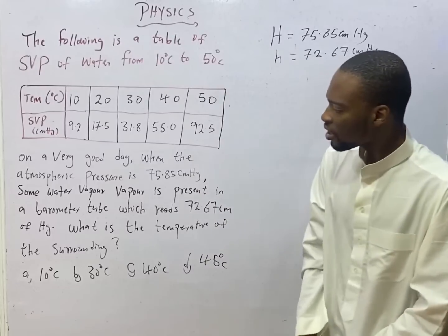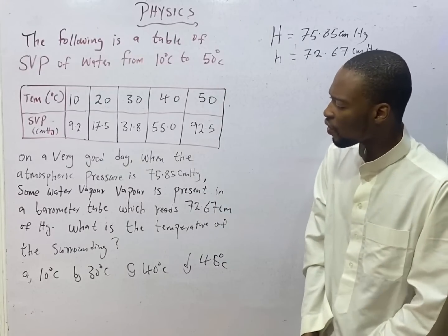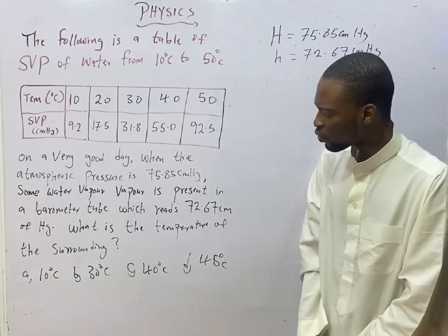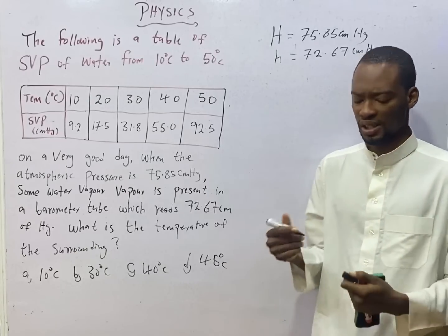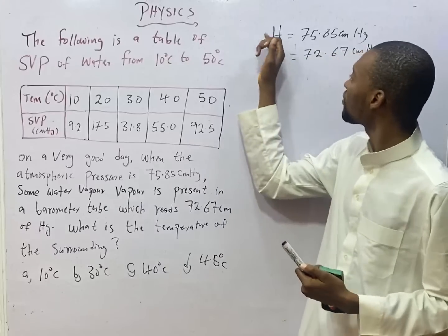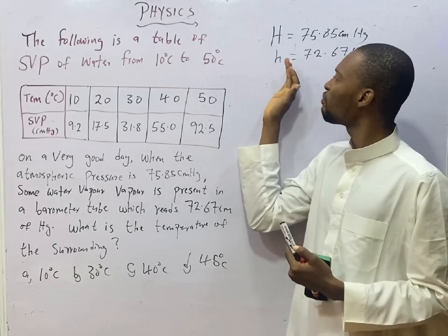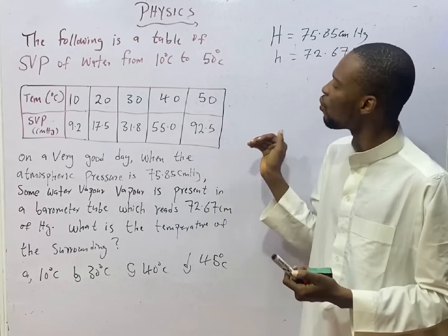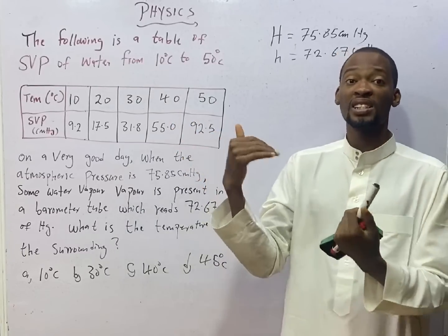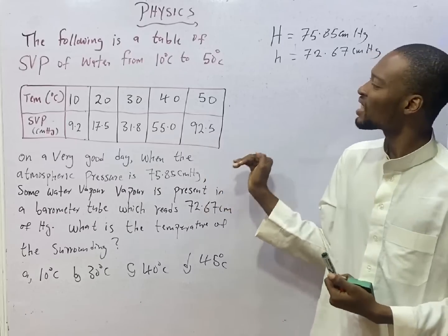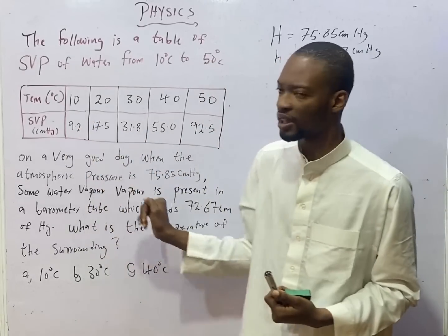And they ask, what is the temperature of the surrounding? Look at what this question is all about. We have atmospheric pressure and we have barometer reading. The temperature of the surrounding will be determined by the saturated vapor pressure of the surrounding.